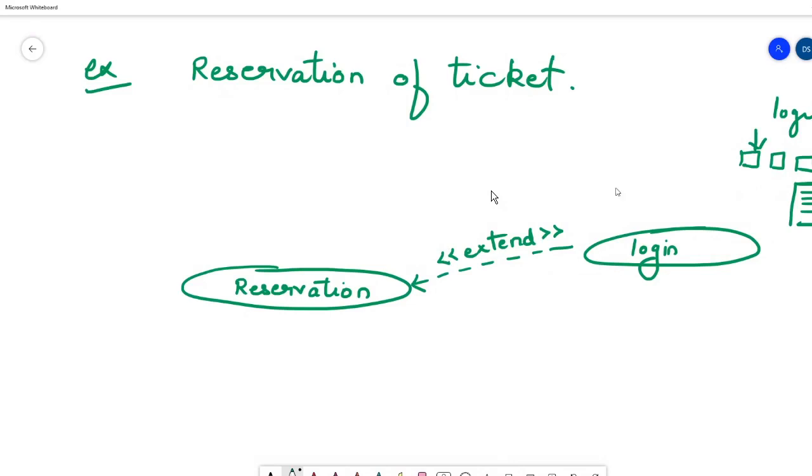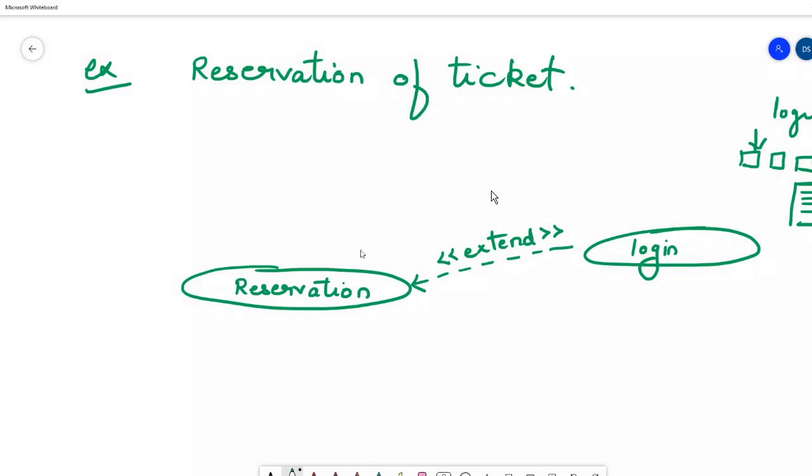Now, in the above section, we saw that if we are talking about the include relationship, if you want to make a payment, then payment includes login. You cannot do payment without login. Payment requires login, whereas reservation extends login.